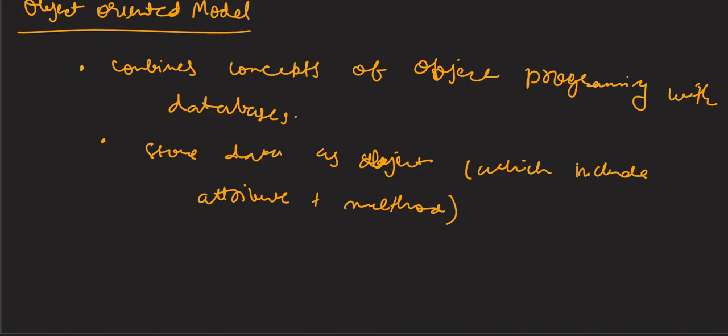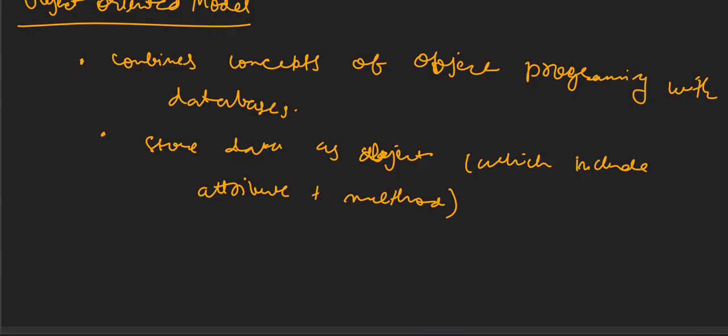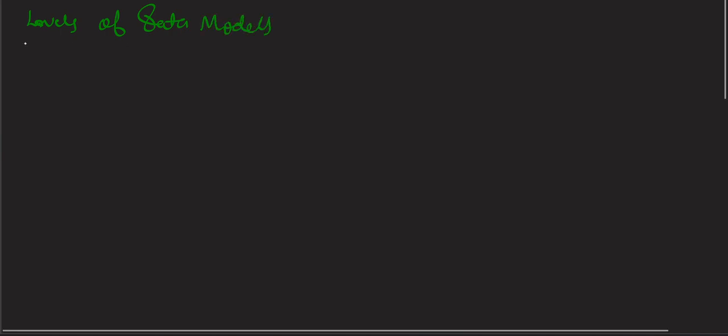So next is levels of data model. Based on the abstraction, now we'll see the levels of data model.